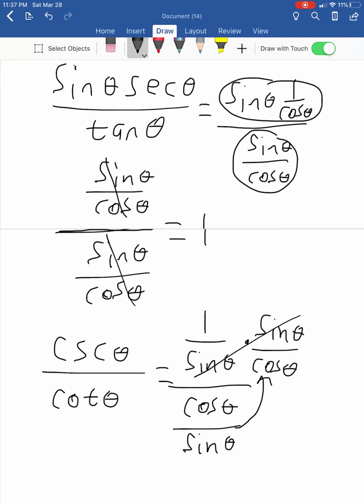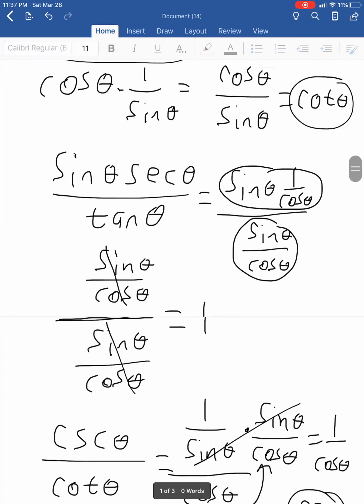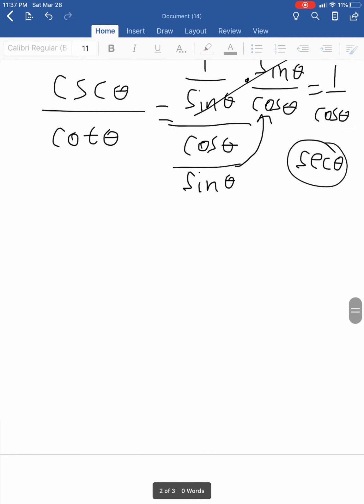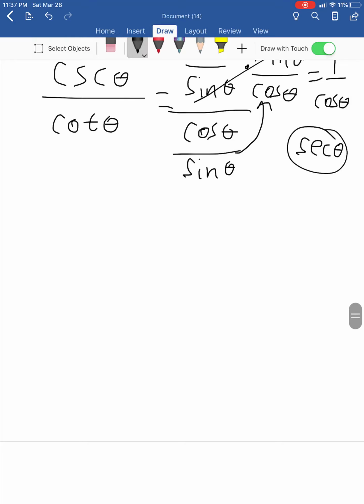And these sines cancel, leaving 1 over cosine, which is just secant. 1 over cosine is secant, because they are reciprocals of each other. And I think I've done all of those examples that I had planned. Let's take a look at a couple of harder ones now.